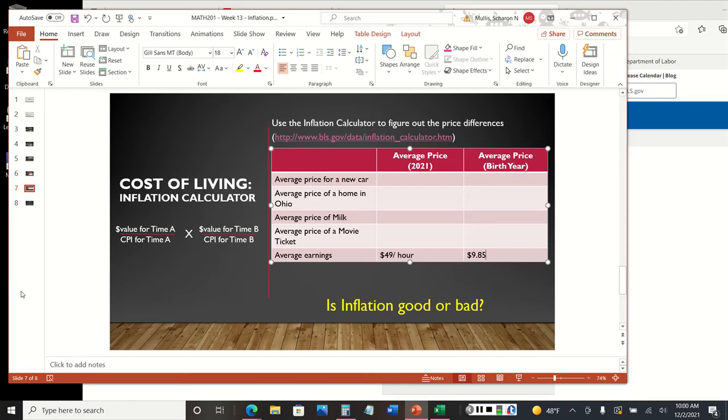If you made $9.85 back then, you would now be making 49. That's the equivalent or the same buying power as $49 per hour now. I'll be reviewing this in class tomorrow. We'll go over all of the averages tomorrow, but I just wanted to do one of these just to show you how much value money was back then compared to what it is now.